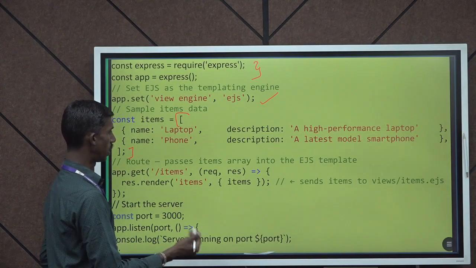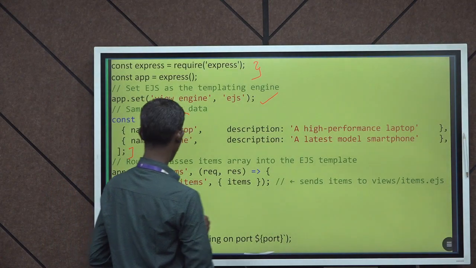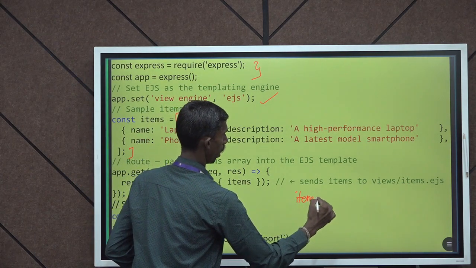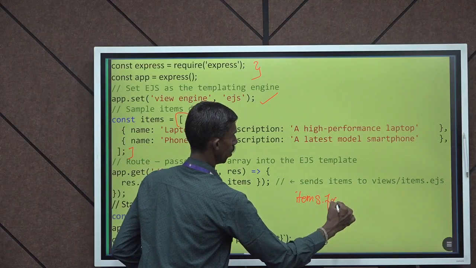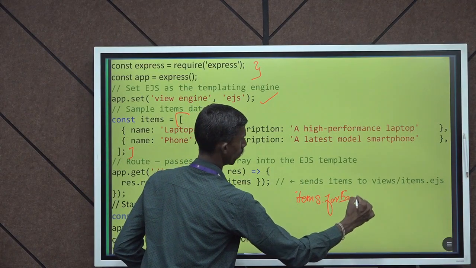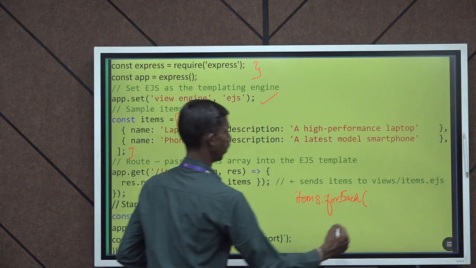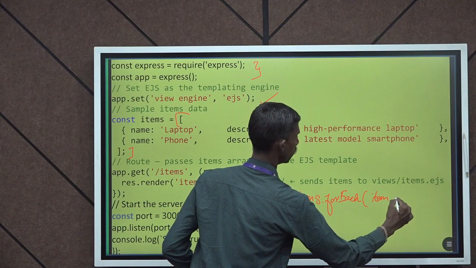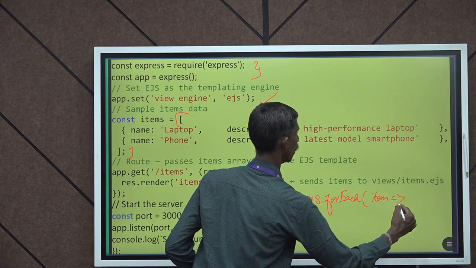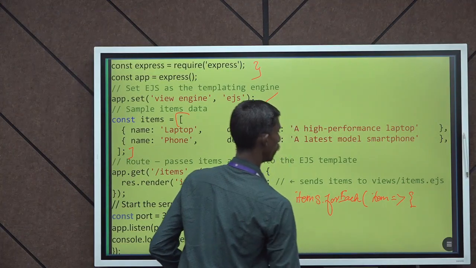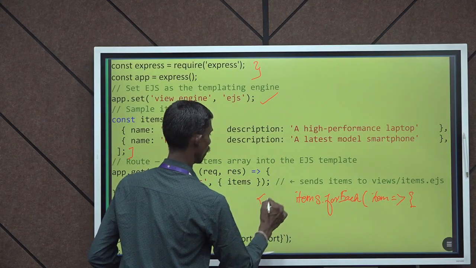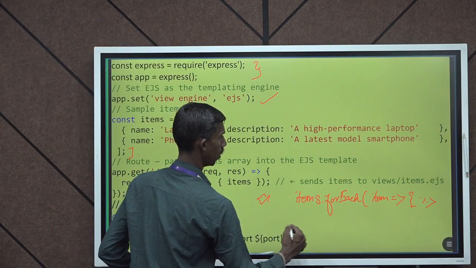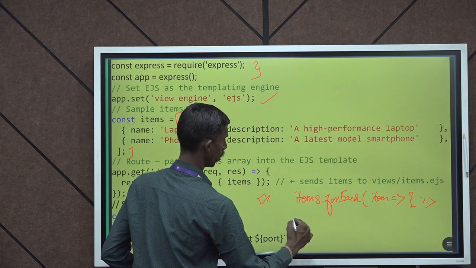This should be iterated with the help of, for example, here we are passing items: items dot forEach, then item, arrow, open bracket. Here we need to display the items one by one.